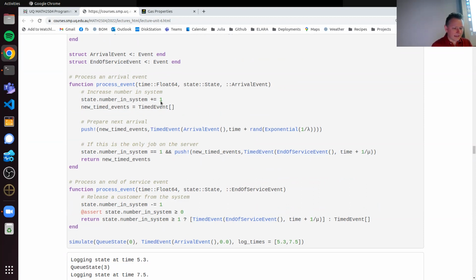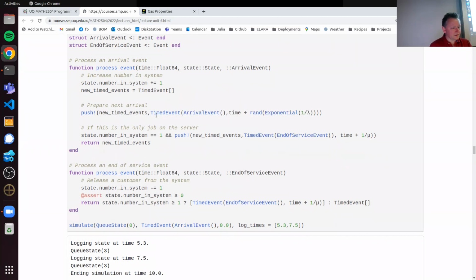In that array, we're going to need a few things. Mostly the time of the next arrival event. If we take the current time and add some time according to the exponential distribution, this will model a Poisson process. So we create a new arrival at some future time. And if it's the only job on the server, then they can skip the queue and go straight to the server, so we should put in an event for the server's completion.